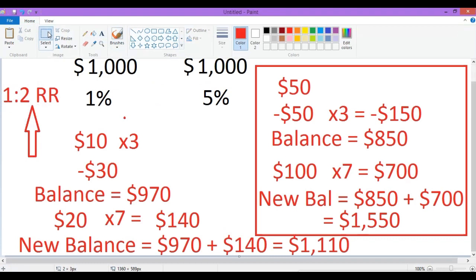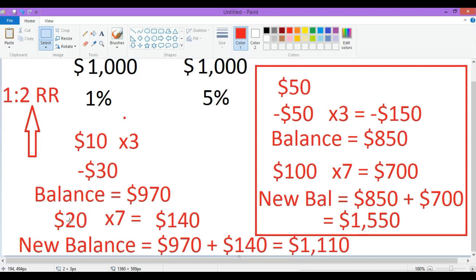Let's assume all our trades end up at 1:2 RR, and you risk just $10 by risking 1% of your account, and the first 3 trades ended in a $30 loss. You have a balance of $970, but the next 7 trades ended up in profit. When we multiply, since it's a 1:2 risk to reward, you get double of each amount you risk.